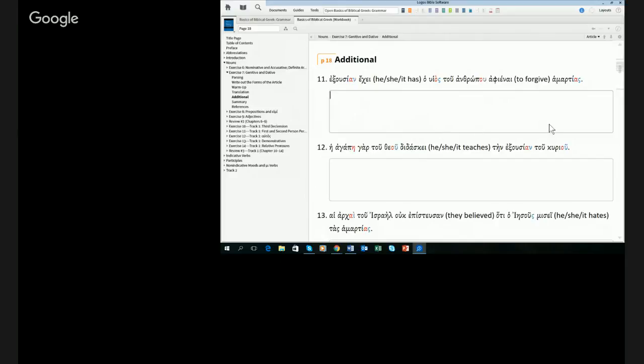Aphienai, to forgive. Hamartias, now, hamartias is diagnostically problematic because we've got hamarti, notice that it ends immediately preceding the stem vowel alpha, we have an iota, right? When you've got an iota, the genitive singular as well as the accusative plural will look the same.